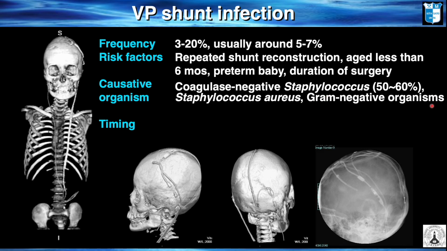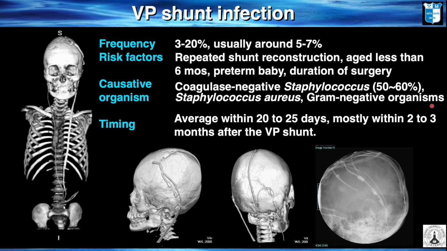These are the causative organisms. And the timing, when it happens, usually it develops within 20 to 25 days after the shunt construction, and mostly within 2 to 3 months after the VP shunt placement. So you have to be very careful about the first 2 to 3 months after the shunt implantation.